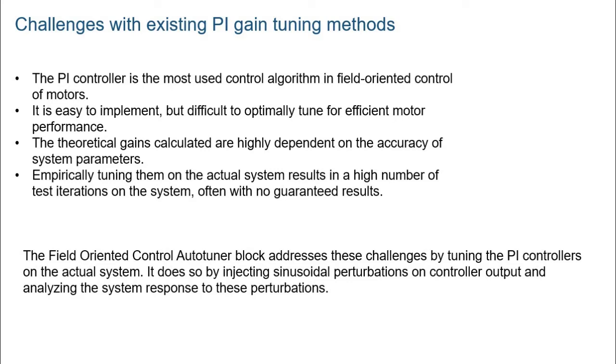First, it injects sinusoidal perturbations of different frequencies on the controller output and records motor response to these perturbations. When these perturbations end, the block uses the estimated frequency response to compute PID gains. FOC auto-tuner block tunes current and speed controllers sequentially.